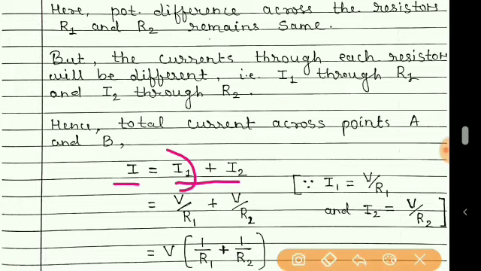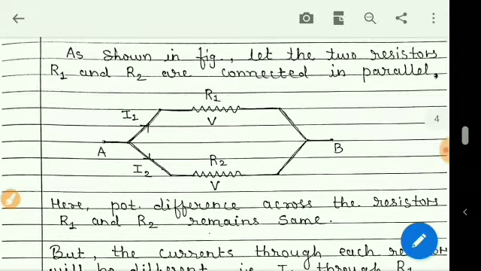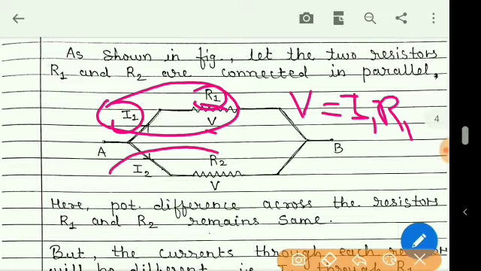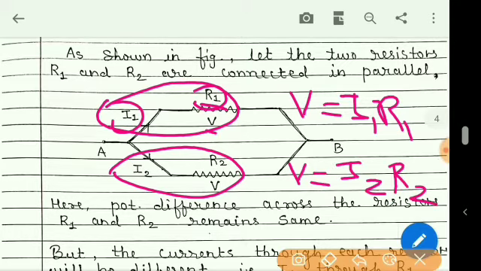But what is I1? It is the current flowing through resistor R1. So applying Ohm's law, V = I1R1. Similarly, applying Ohm's law for this part, V = I2R2.